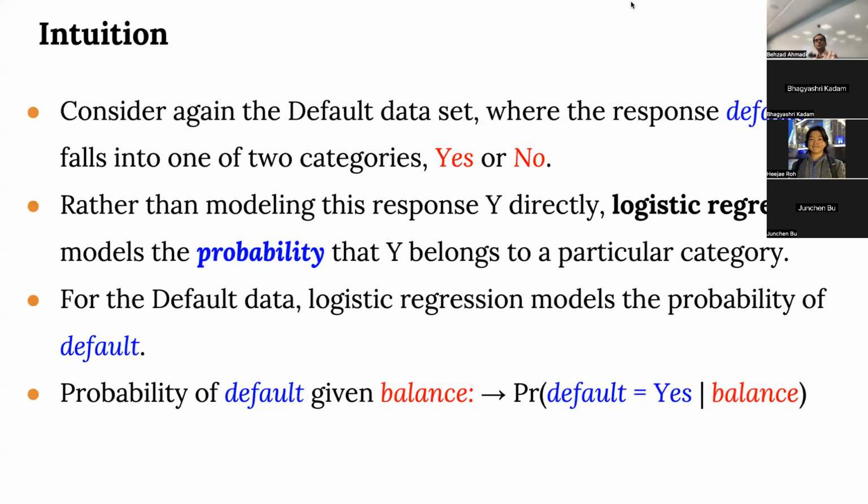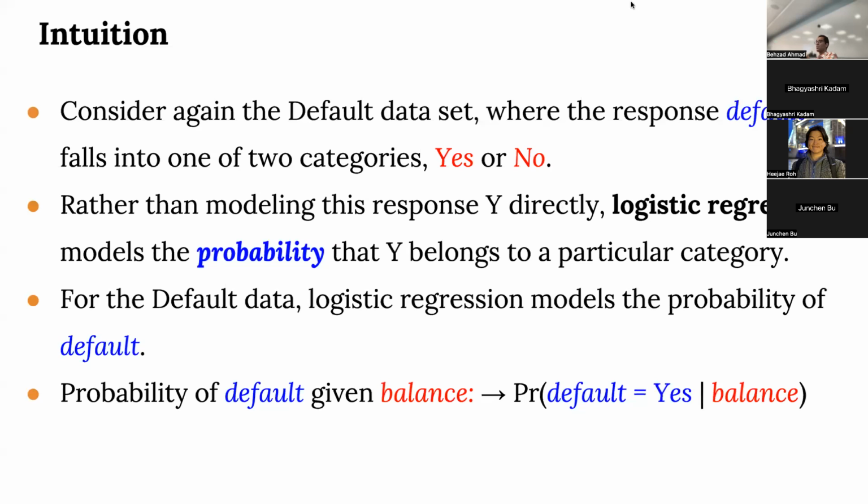So there is a fundamental difference between how we solve this and how we used to solve the previous problem. Go back to the default on the credit card example. And this is very important to understand. I think I've emphasized this before, but I'm going to emphasize again.